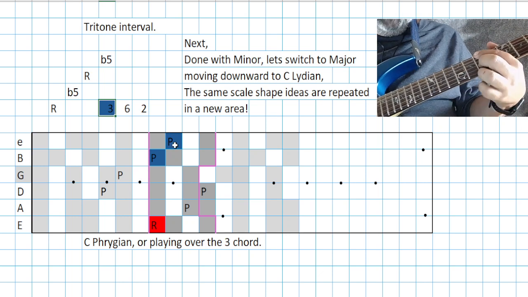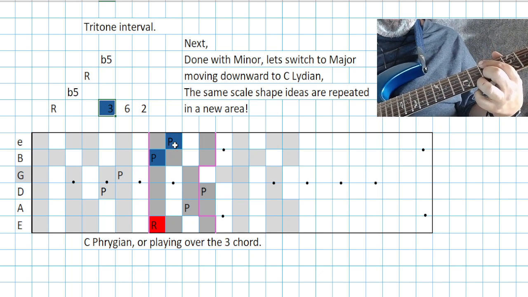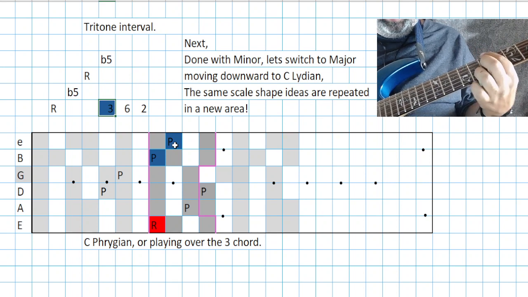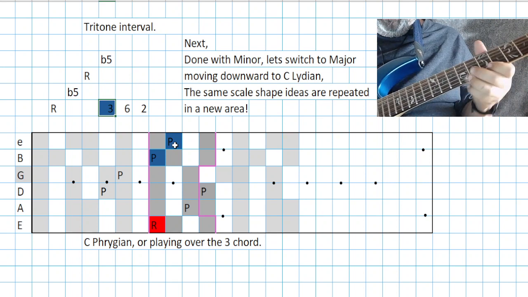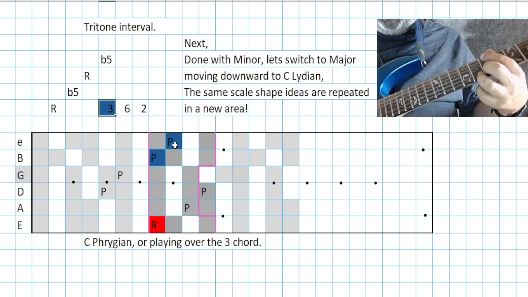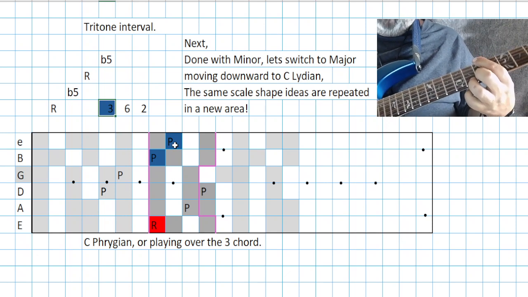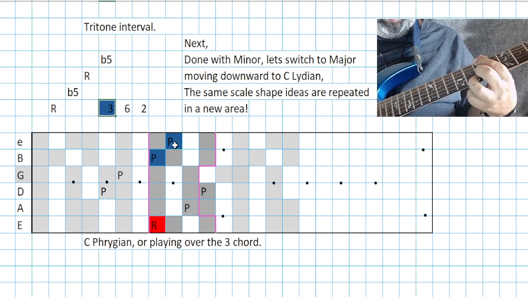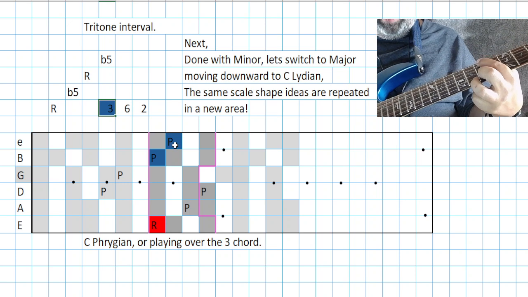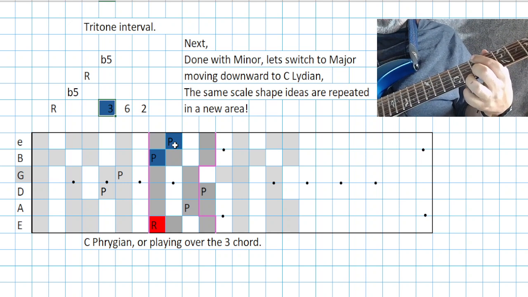Phrygian, same thing. Move your tritone down. And you got your square. And you can hear that making a square out of those notes just sounds congruent. Even though that just sounds kind of awful.